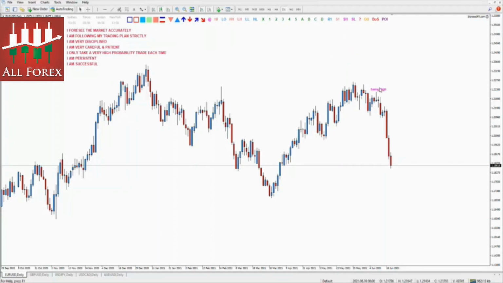This is my swing high, this is my swing low, and then there is a break below. So this is a break of structure, and my order block is the last bullish candle here. Alright, so right now I know that I will wait probably so many days to come back here.